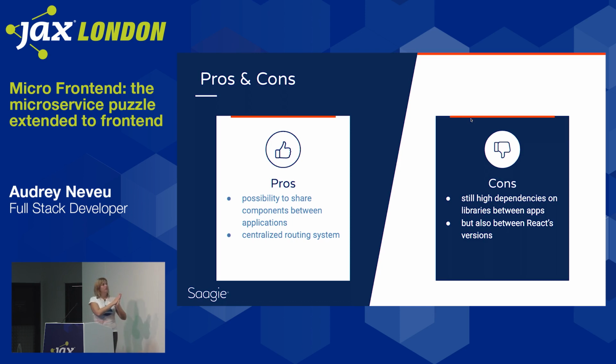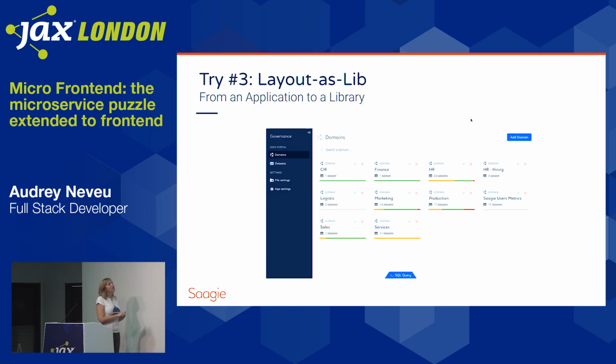So considering this, we stopped after the first try, the first integration, which was security, and decided to move to a third try. And for the third try, we completely reversed the logic and moved the layout from an application to a library.